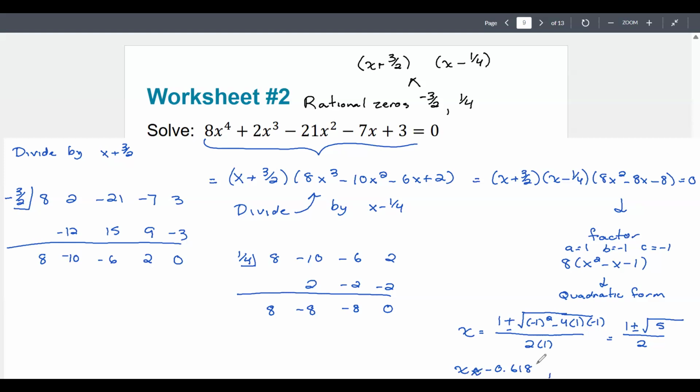And then the other zero would be approximately, with the plus, 1.618. So you could say that your zeros, or your solutions, because that's all we want is the solutions, right? So we had two solutions here, because we had those rationals, and then we got our other two, which are going to be irrationals.